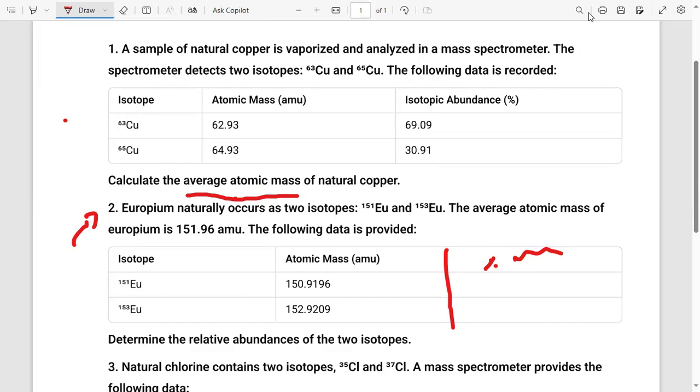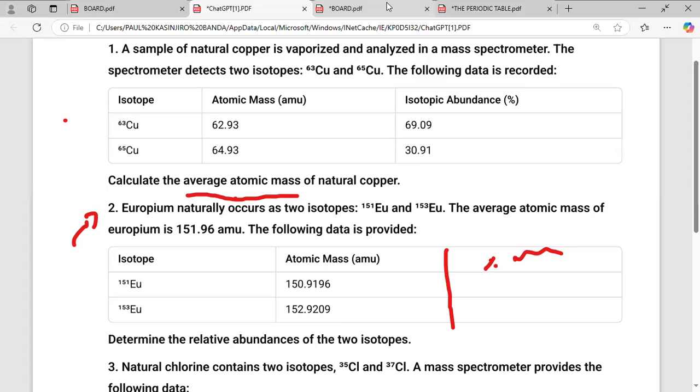So we use this formula to find the relative atomic mass. It's a very simple formula. You have to memorize it, okay?